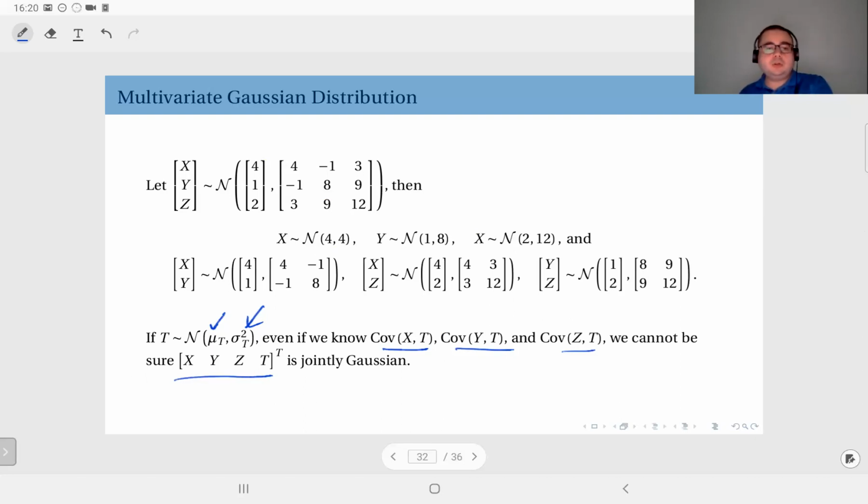I don't know this. I know that x, y, z are jointly Gaussian. I also know that t is Gaussian, but together, I don't know how they behave. That is very important. Jointly Gaussian implies marginally Gaussian, but marginally Gaussian may not mean jointly Gaussian. Be very careful about this.